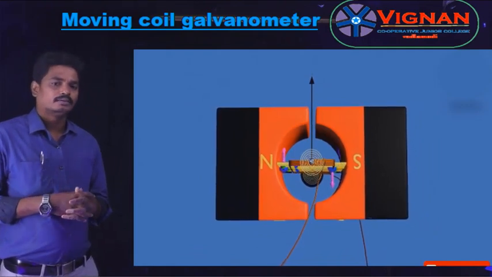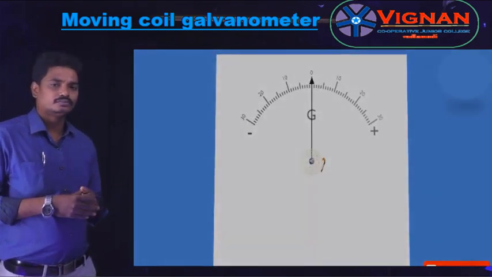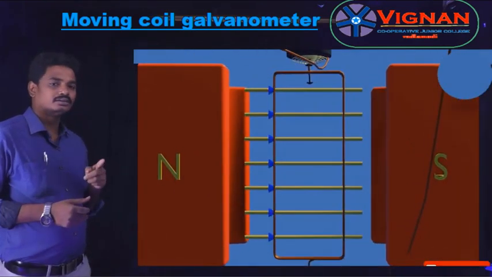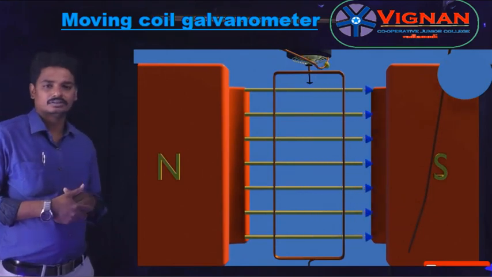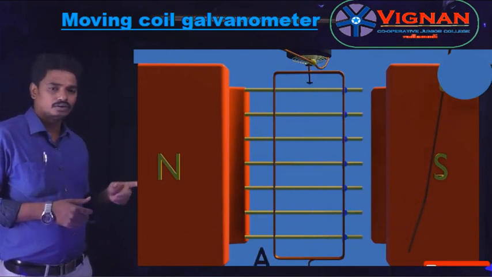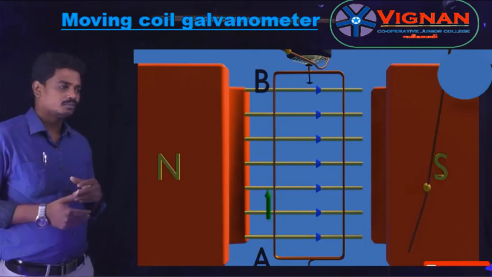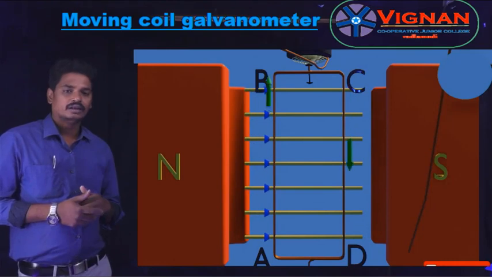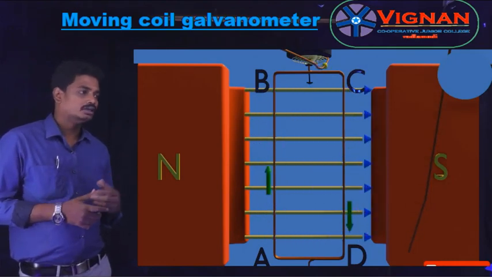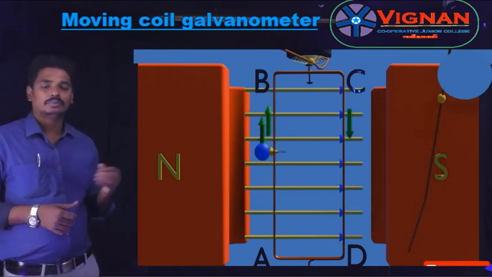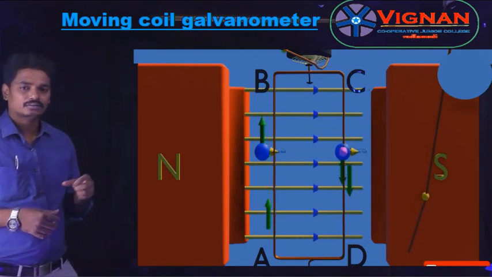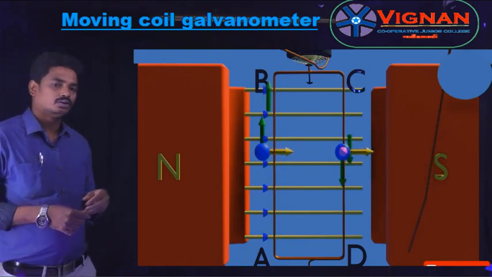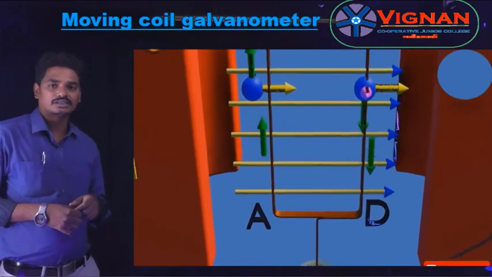Okay, you can see in this video that whenever the loop is twisted, it shows some deflection. Observe once again: current is flowing from A to B and C to D. A conductor placed in a uniform magnetic field experiences some force, and the direction of the force is given by Fleming's left hand rule.